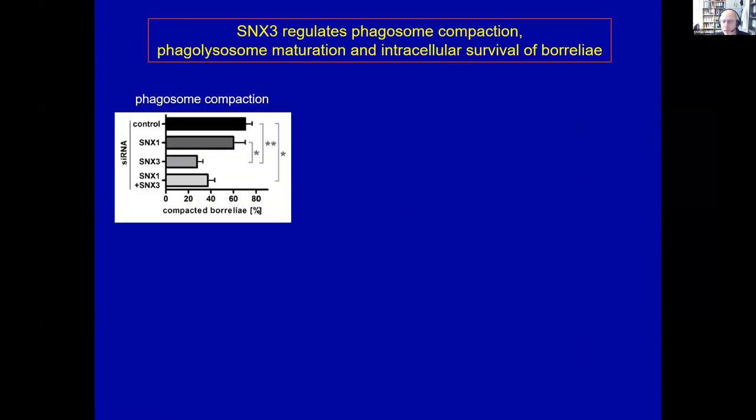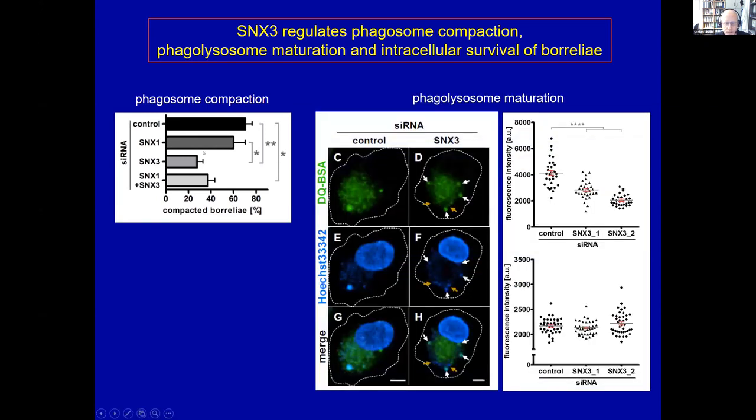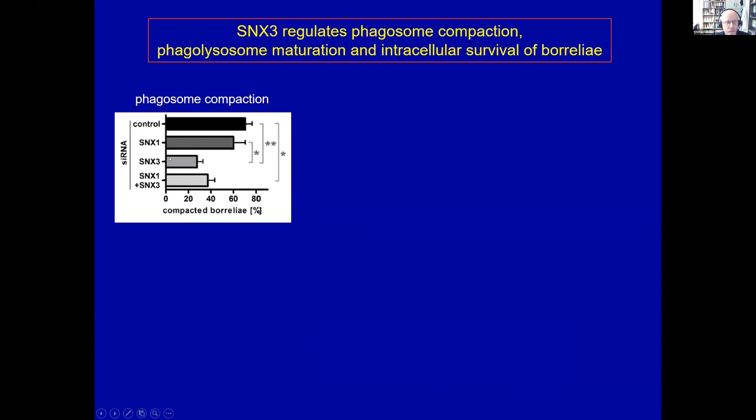Before we started on this line of research, it was of course important to ascertain that SNX3 actually has a role in phagosomal compaction. And it does, because if you knock down SNX3, you see a large decrease by about 60% of phagosomal compaction.